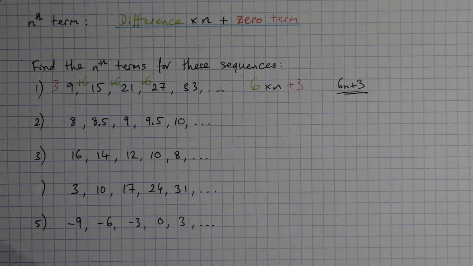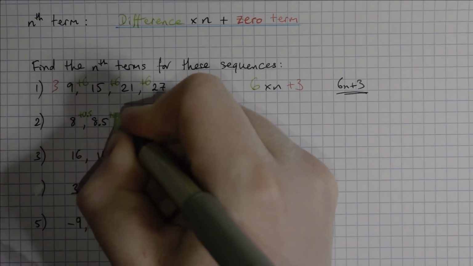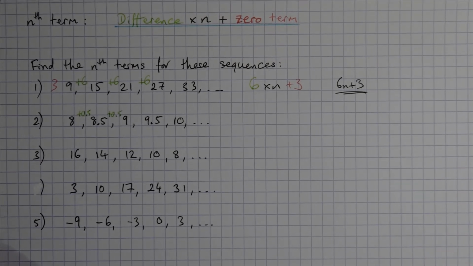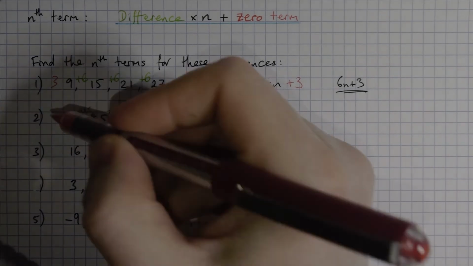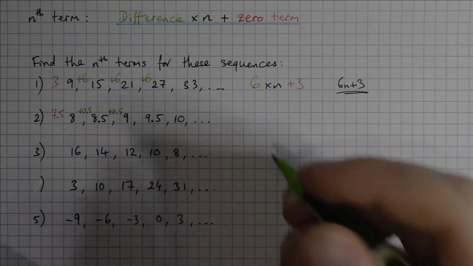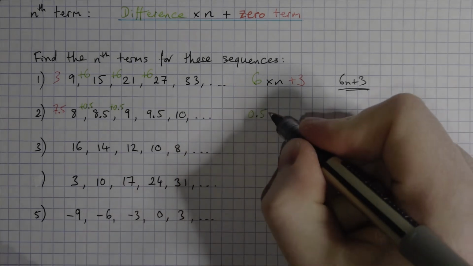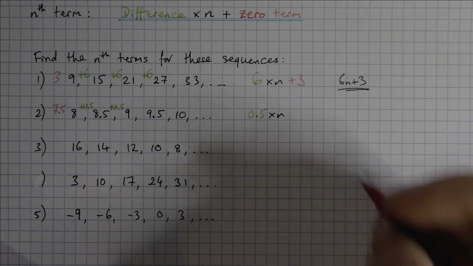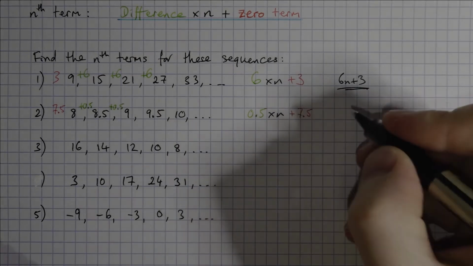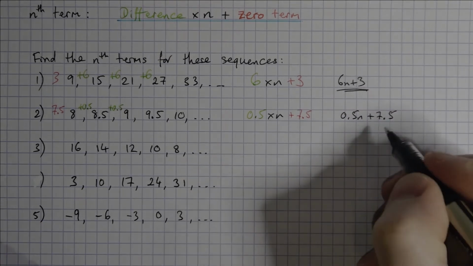Let's look at number 2 then. What's this going up in? It is still going up. It's going up in 0.5, isn't it? Adding a half each time. Okay, it doesn't have to be a whole number. The 0 term, the one that comes before 8, would be 7.5. So surely this is 0.5 times n plus 7.5, and that would normally just be written as 0.5n plus 7.5.